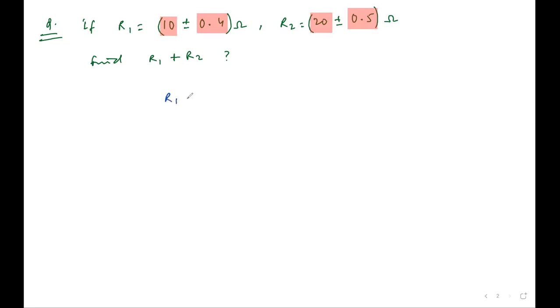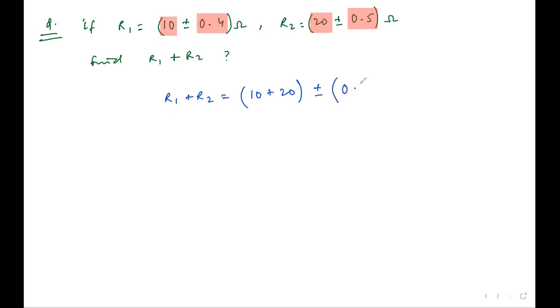On adding any two terms which have some error, true part gets added with true part. So it will be 10 plus 20, which is the true value in both these terms, plus minus the error part will be added with the error part.